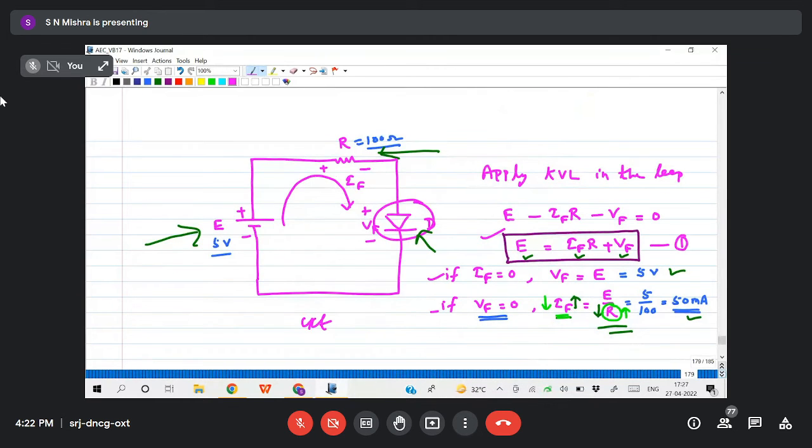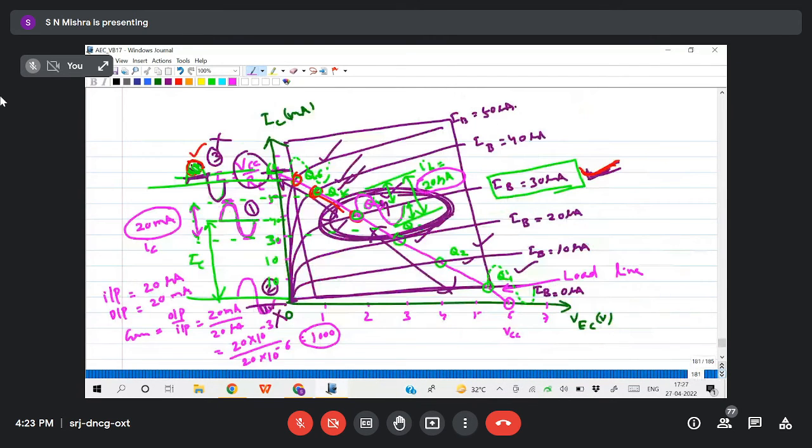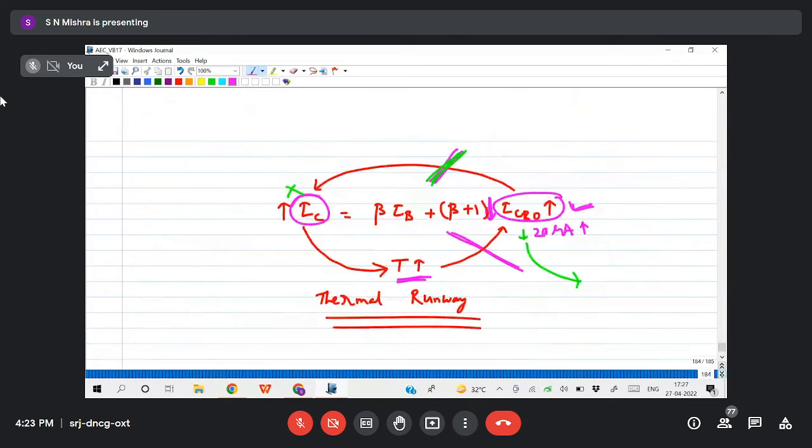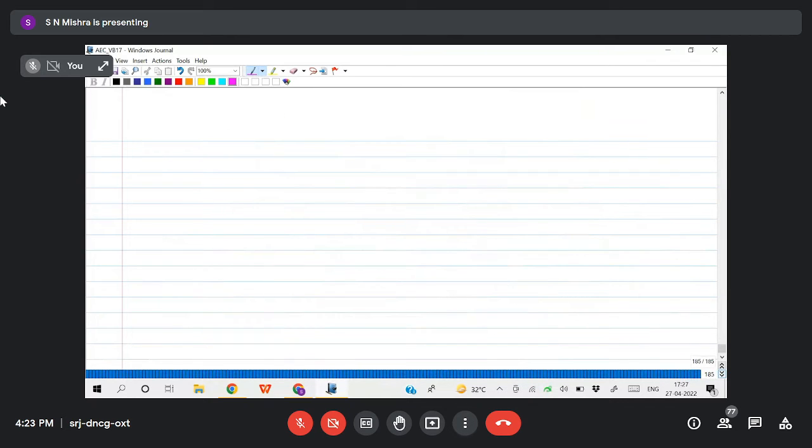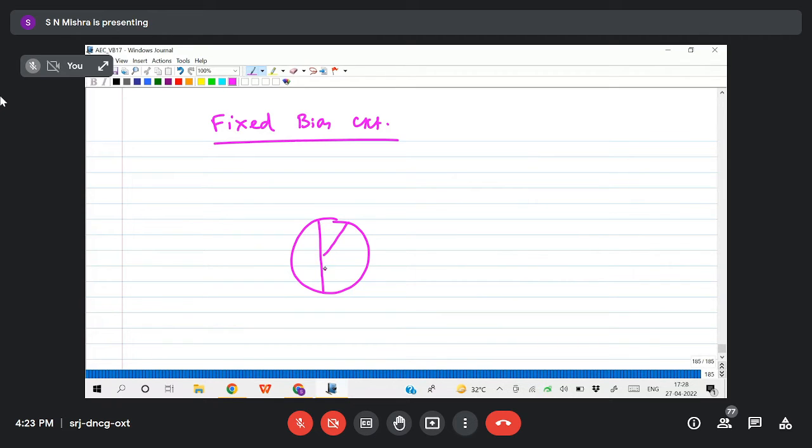In your syllabus, only one biasing circuit is included, which is called the fixed bias circuit. It is a very simple circuit. We already went through this circuit while solving problems before mid-sem. I have given one question, in fact two questions, that I solved here.